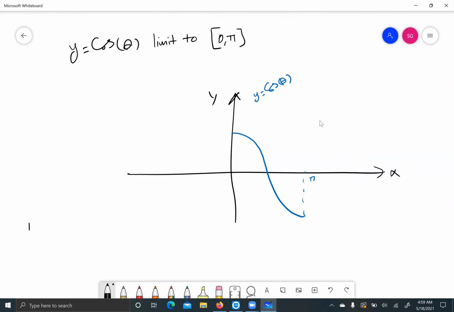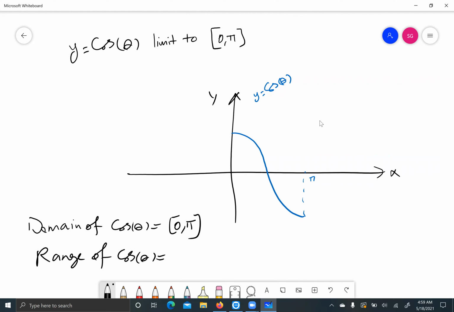So look, what is the domain of cosine? Domain of cosine, it's 0 to pi. What is the range of cosine? It's negative 1 to 1.